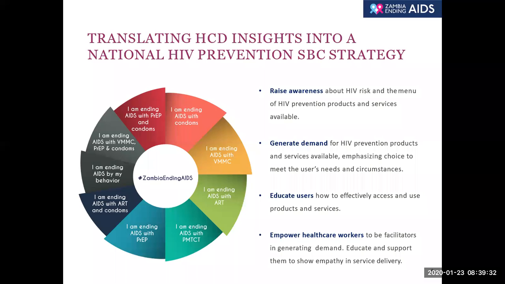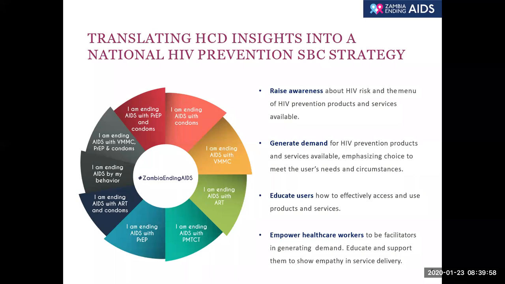What you'd find traditionally is that SBC campaigns tend to focus on the general public and end users, but a critical stakeholder that was identified through the HCD process was the healthcare worker. Hence the fourth bullet, which really focuses on empowering healthcare workers to be facilitators in generating demand and educating, and supporting them to show empathy in service delivery.